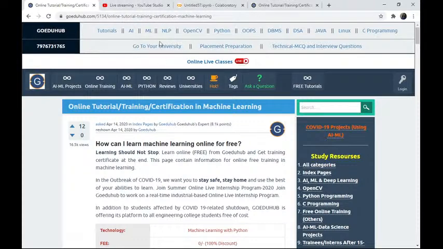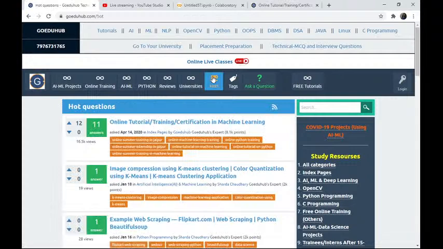In April, May, June we will launch a course that includes all these technologies and some projects also. This course is basically a base course that is building the base for you.